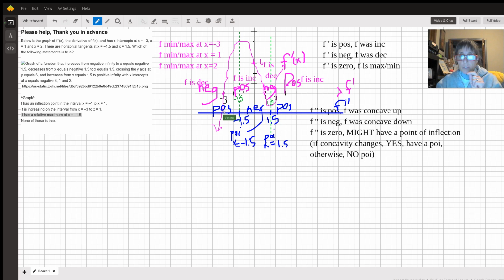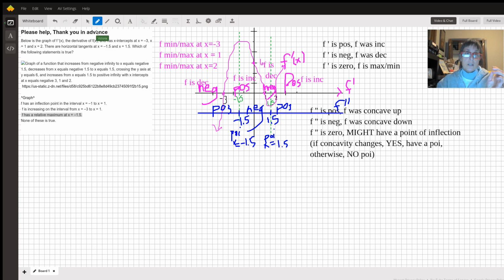And we notice that we change concavity here, where this is at a max, and so its derivative is 0. Here it's at a min, so its derivative is 0. So we do change from positive to negative on the original function. So we have a point of inflection at negative 1.5, and we change from negative to positive at x equals 1.5. So we have a point of concavity here.